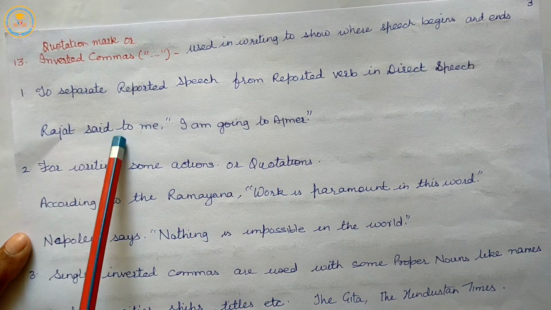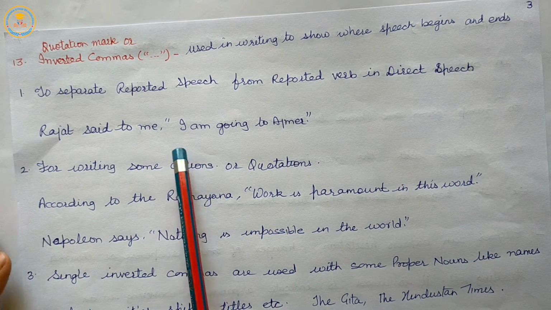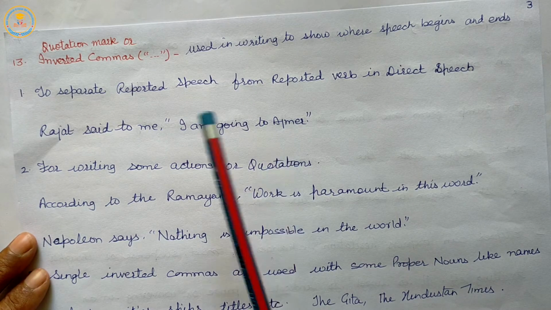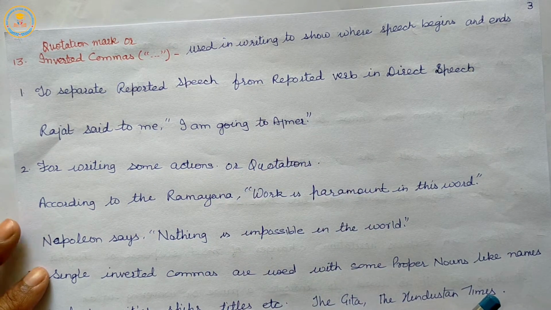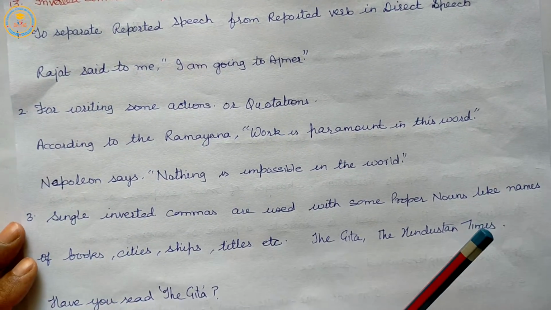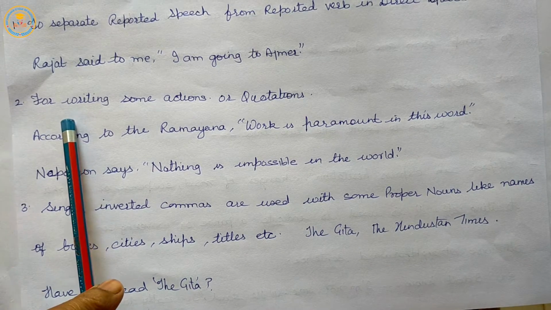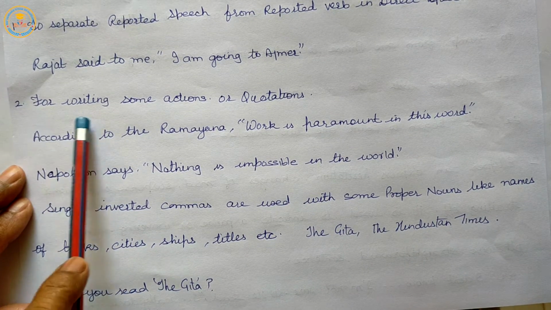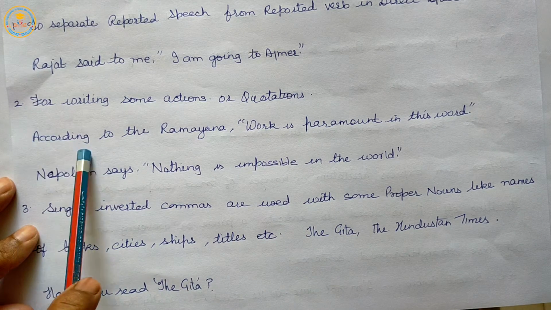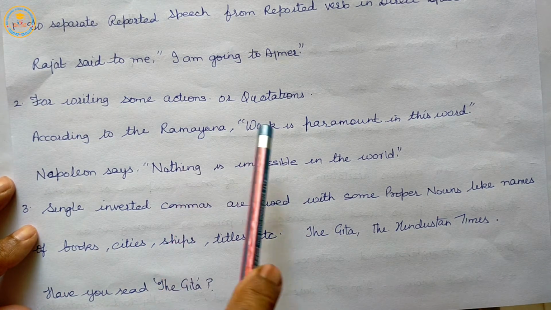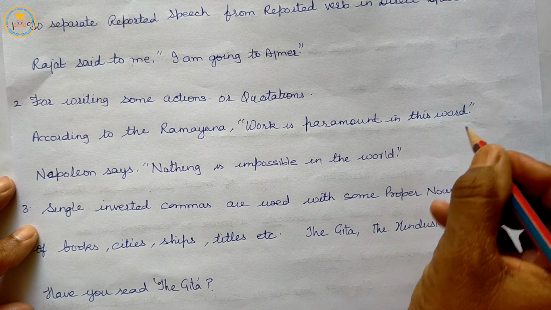Example, Rajat said to me, comma, inverted commas begin, I am going to Ajmer, full stop, comma, closed. For writing some actions or quotations, we use quotation marks or inverted commas. According to the Ramayana, "Work is paramount in this world."